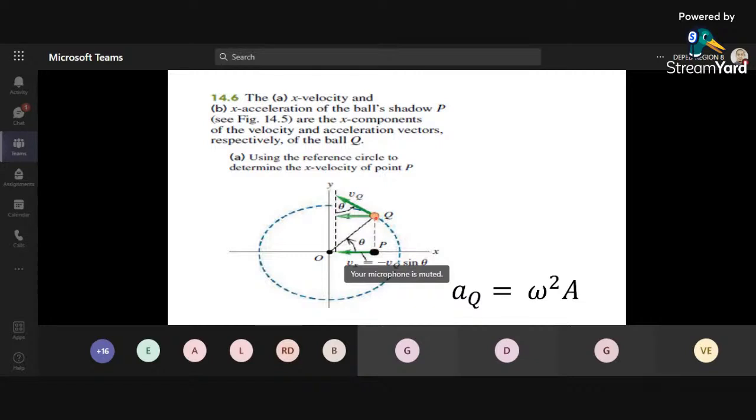So because Q is in uniform circular motion, its acceleration vector AQ is always directed towards this point O. So the magnitude of the acceleration of Q is given by the square of the angular speed multiplied by the radius of the circle.